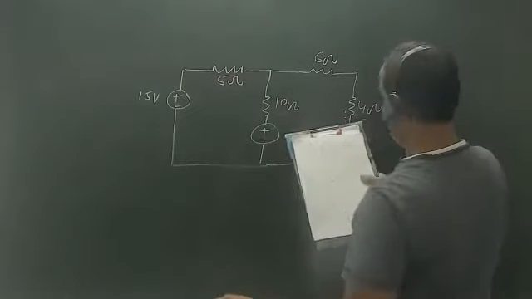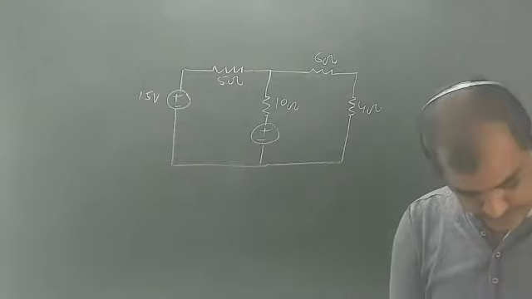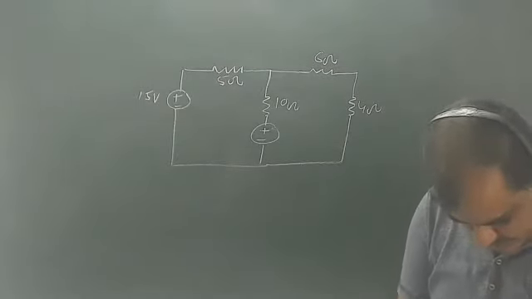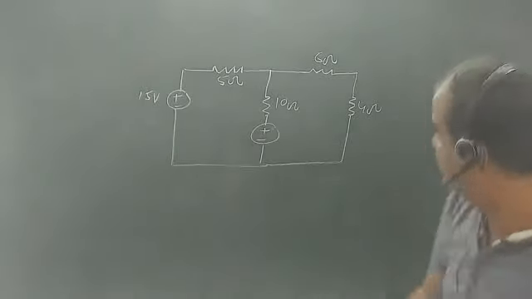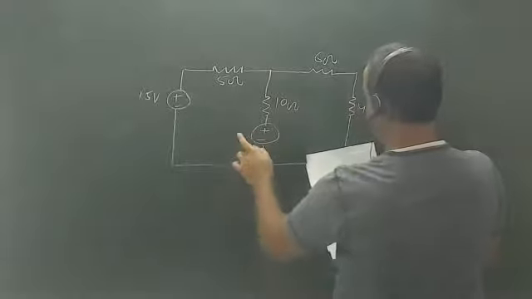ओके, सॉल्व इट. कितना आ रहा है? नीचे का वोल्टेज क्या है? This is 5 volts. Okay, 15 volts. This is 10 volts.